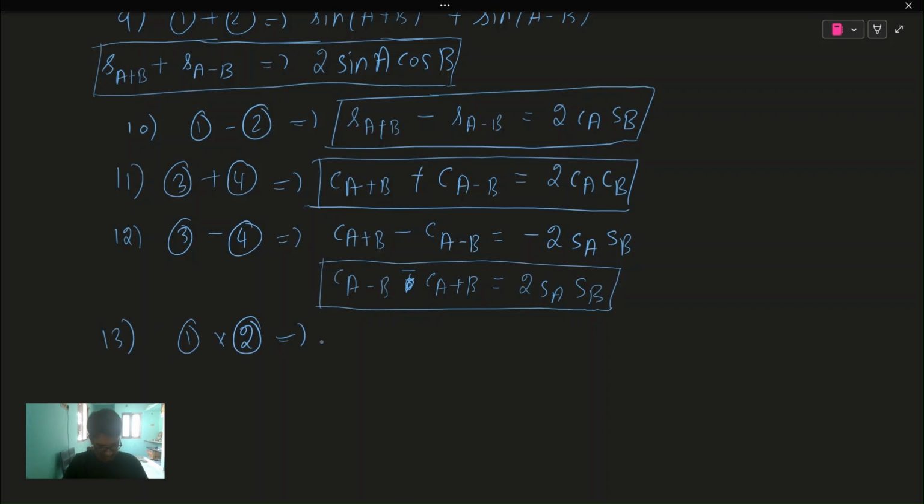Let's see. sin(A plus B) times sin(A minus B) would give you sin square A minus sin square B, or else cos square B minus cos square A.